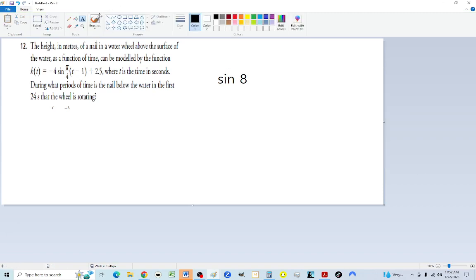So if you were to think of a normal sine that starts here in the middle, goes up, goes down, and goes up. First of all, let's find the middle. 2.5. Let's assume that's the water. Second of all, let's find the height of the wheel. 4. So it goes from 2.5 up 4, which is 6.5.